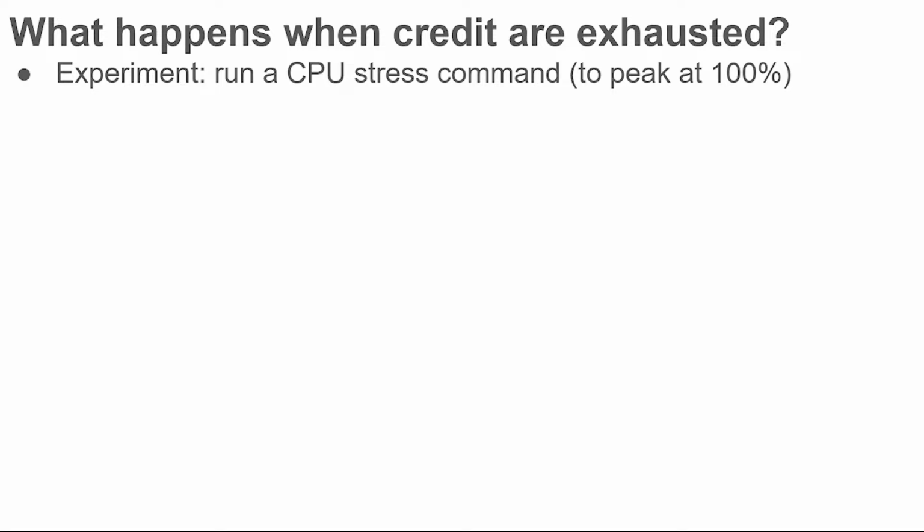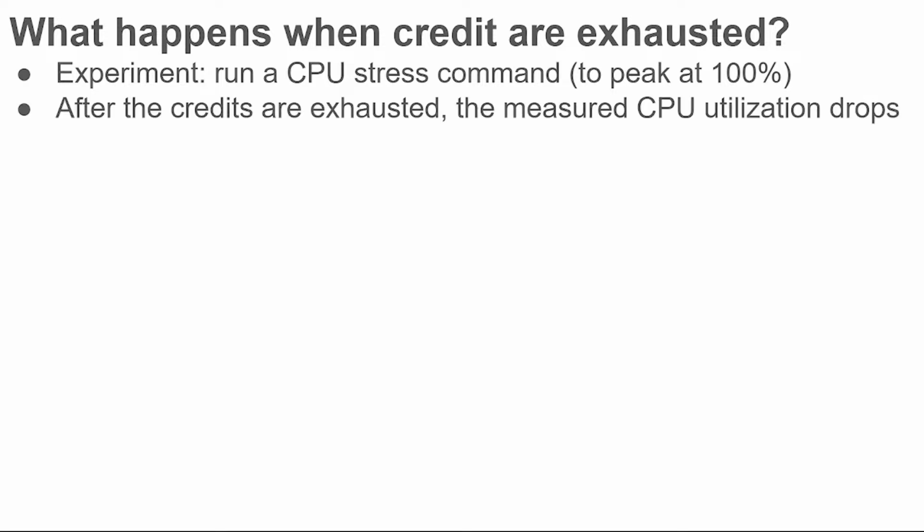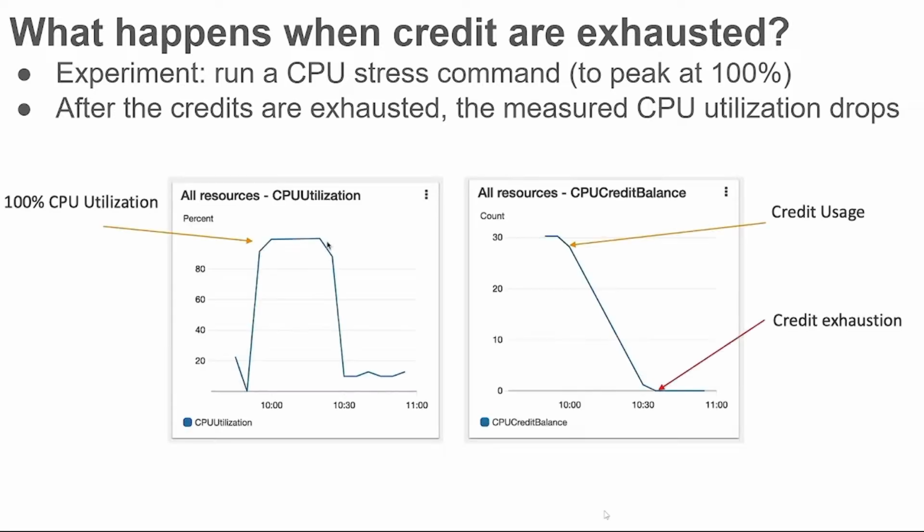In the experiment, we run a CPU stress command to peak at 100%. After the credits are exhausted, the measured CPU utilization drops. Here is the picture of CPU utilization. Here it is 100% CPU utilization, so your CPU is being utilized at full capacity. At the same time, your credit balance would be dropping drastically.